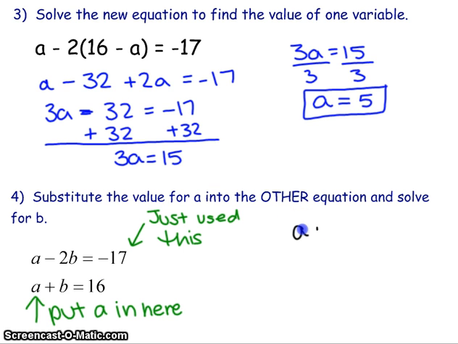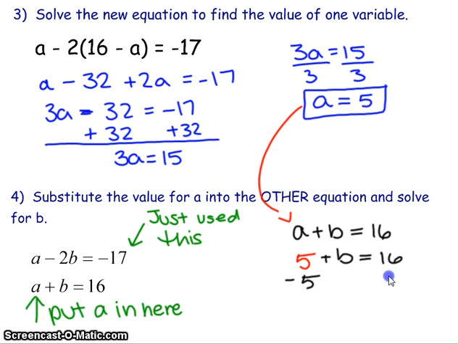Using A plus B equals 16, we're going to put A in as 5. So we'll have 5 plus B equals 16. And then to solve for B, all I have to do is subtract 5 on each side. And I end up getting that B is positive 11.